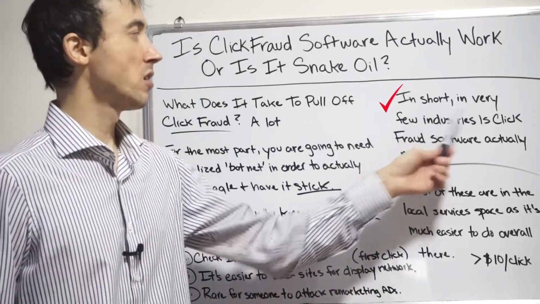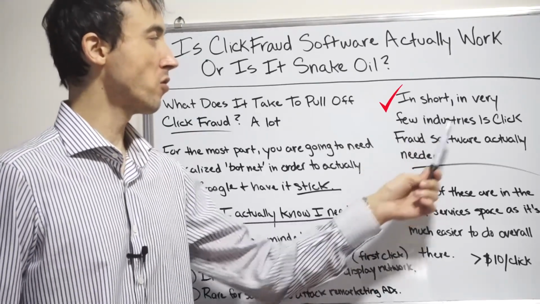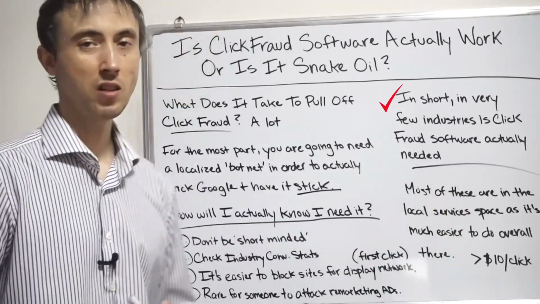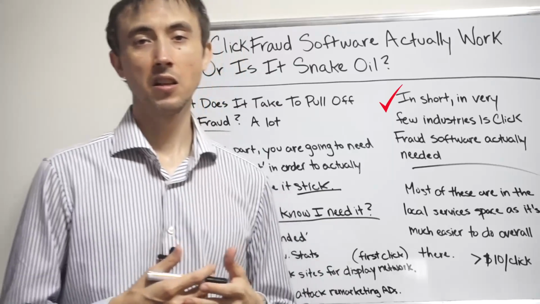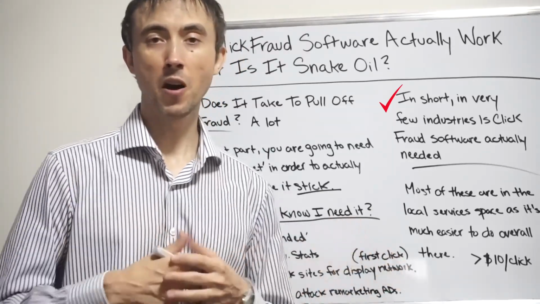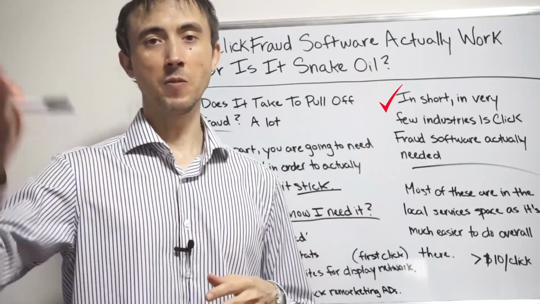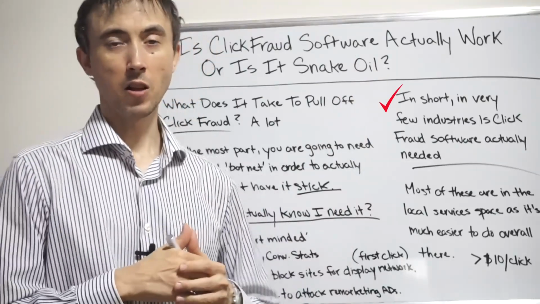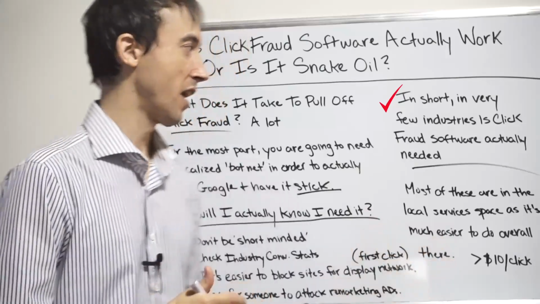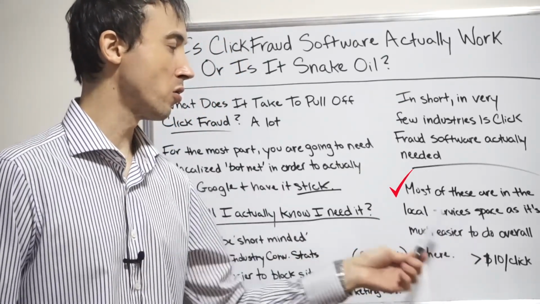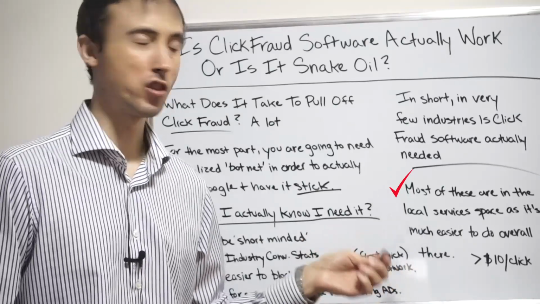Now, in short, in very few industries is click fraud software actually needed, okay? I mentioned probably 1 or 2% of all the different markets out there, from carpet cleaning to scientific equipment sales, click fraud actually happens in, okay? Most of these are local services, as it's much easier to do click fraud there in general.